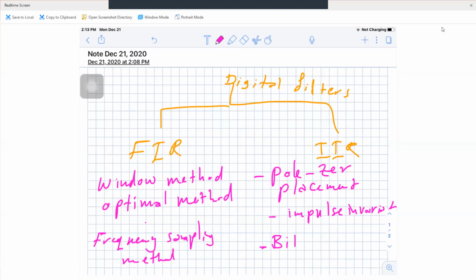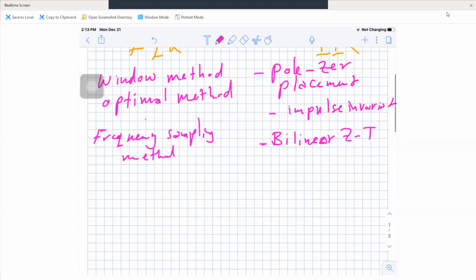And here we have bilinear Z transform. So for every kind of the filters, the most popular techniques are three by three. Okay, so window method, optimal method, frequency sampling, and for the IIR filter, we have pole zero placement method, impulse invariant, and bilinear Z transformation.